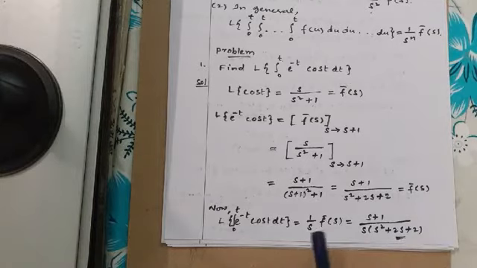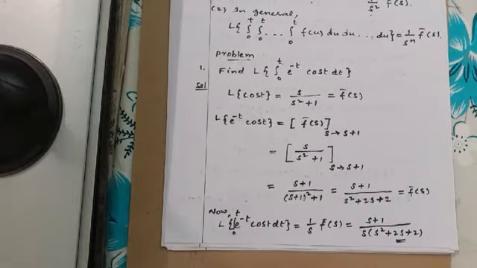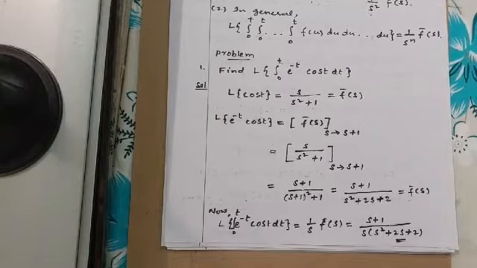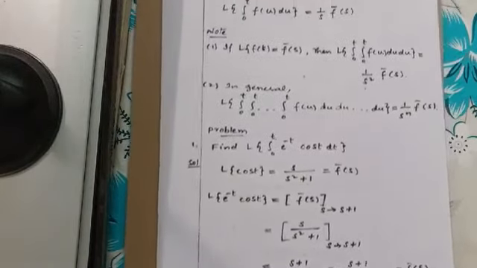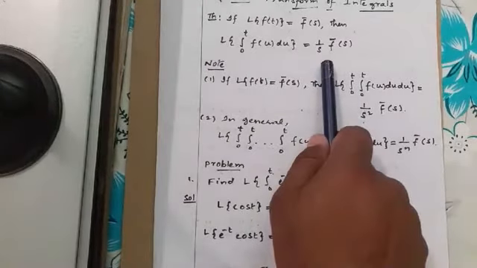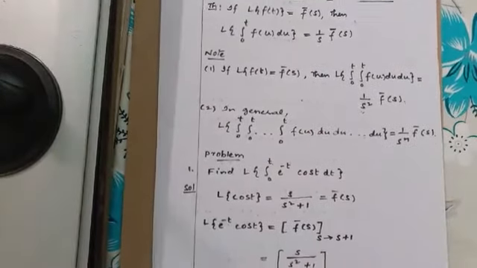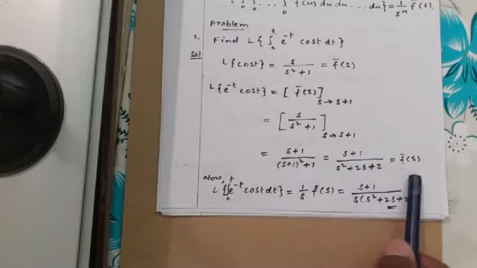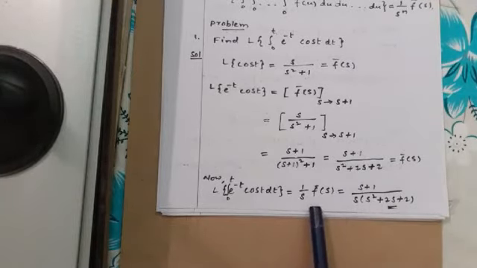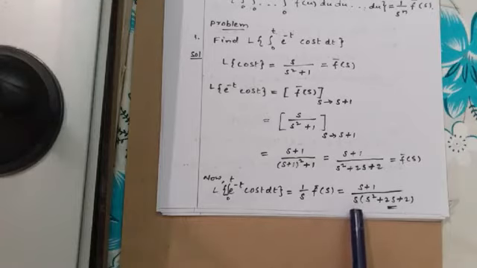As you know from Laplace transform of integrals, Laplace of integral 0 to t f of u du is equal to 1 upon s f bar s. So when you have f bar s, now you can directly put that equal to 1 upon s into f bar s. This is the solution for the given problem.